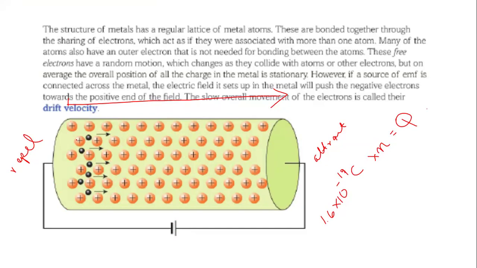If we take this flow of charge and divide it by time, we will be able to calculate current. So my current is equal to the total charge divided by time.